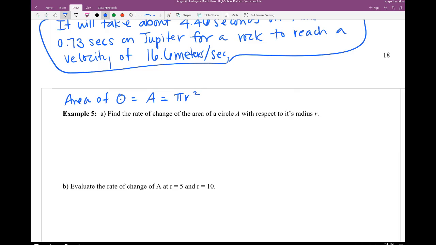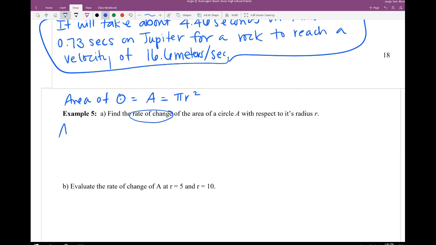Pi r squared. Nice. Okay, A. Find the rate of change of the area A with respect to radius. Perfect. Rate of change is the derivative.